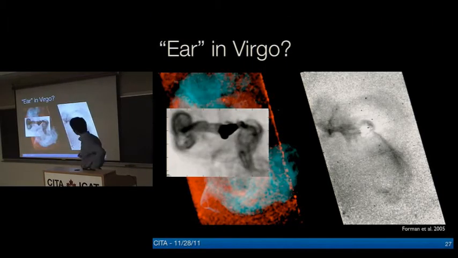So here is a radio map of the Virgo cluster. There are multiple sort of generations of filamentary radio structure, but there's this very nice ring over here that has been dubbed the radio ear of Virgo. And when you look in the X-rays, there's a shock that sits about right here.